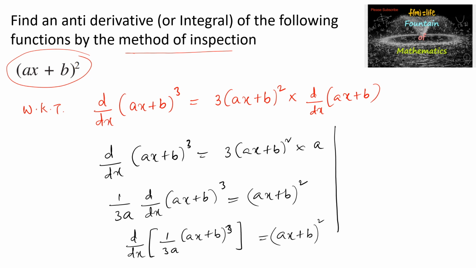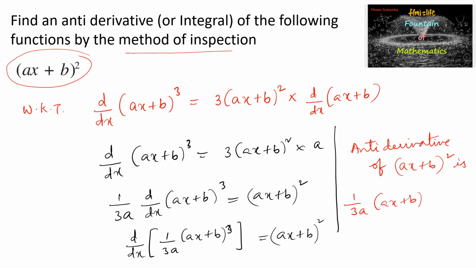So the differentiation of a function is equal to (ax plus b) whole square, and hence we can say that the antiderivative of (ax plus b) whole square can be taken as 1 upon 3a into (ax plus b) whole power 3. Okay.